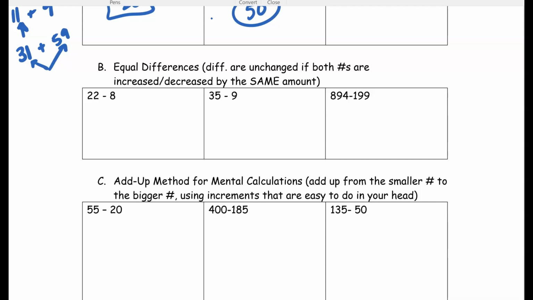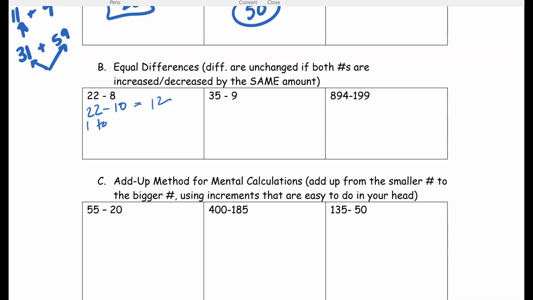So for example, 22 minus 8. One thing you could do is you could say, you know what, instead of minusing 8, I'm going to take off 10 because that's easier. I know 22 minus 10 is 12. Whereas minusing 8 would take a little bit more brain power, but I took away too much. How much more did you take away than you should have? Well, I took away too many.